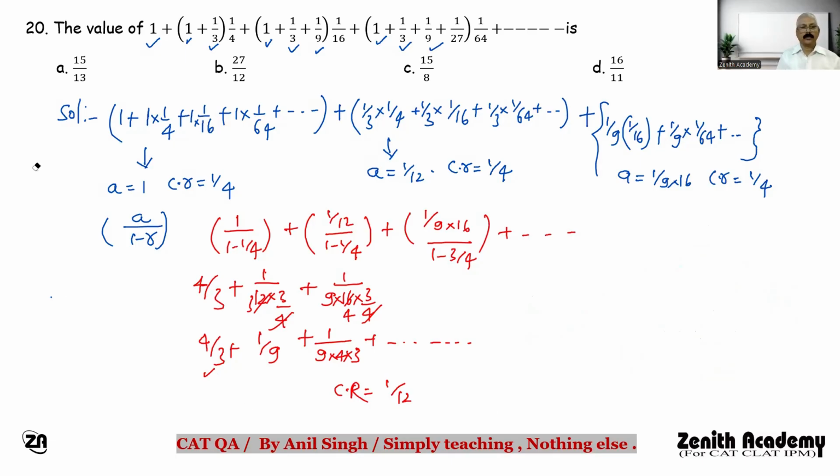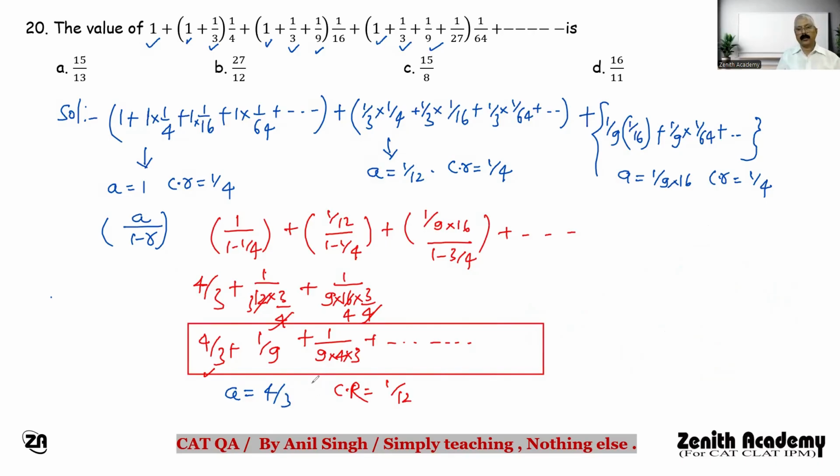So this series is going up to infinity, where A is 4 by 3 and the common ratio is 1 by 12. So again, it is a GP.